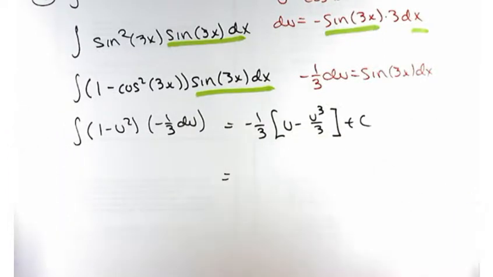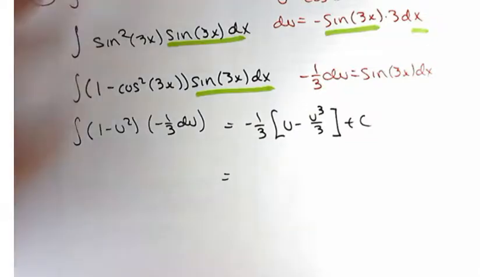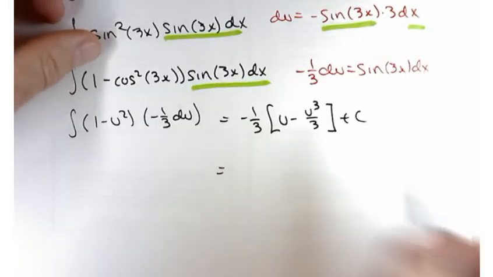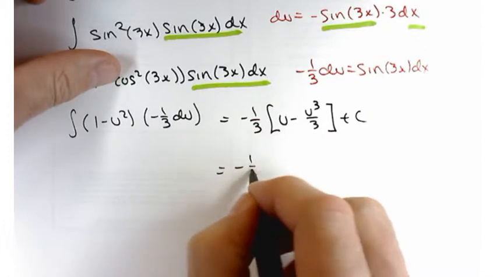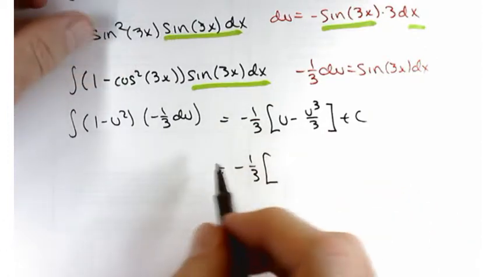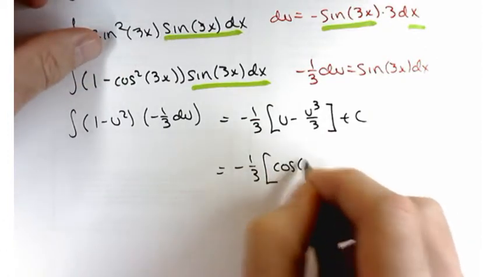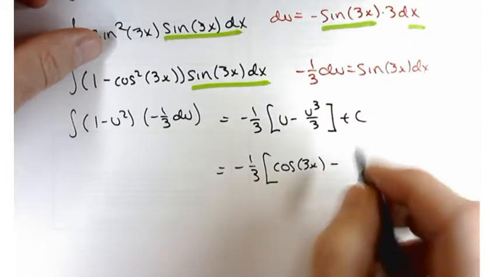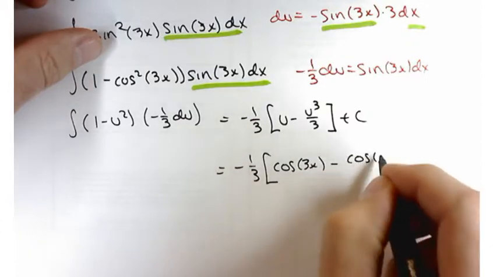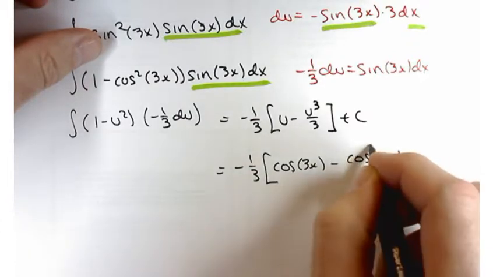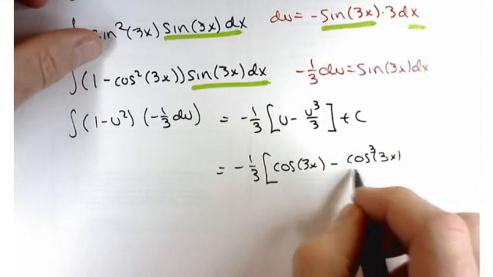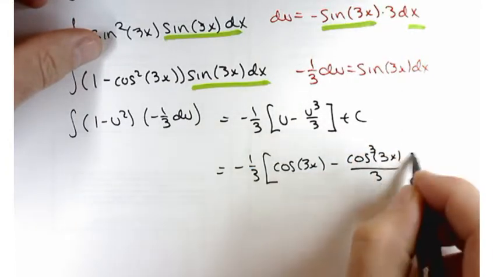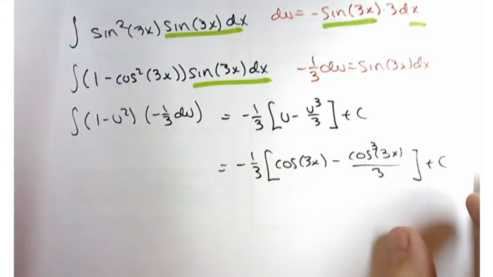And I suppose you can probably get somewhat fancy with this if you want to. You can factor out a u. You can use your Pythagorean theorem more. But let's just kind of keep it simple. U was cosine of 3x, minus cosine of 3x, and I'll put that cubed here to cube the whole function, over 3, plus a constant.